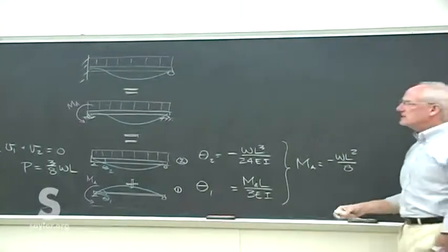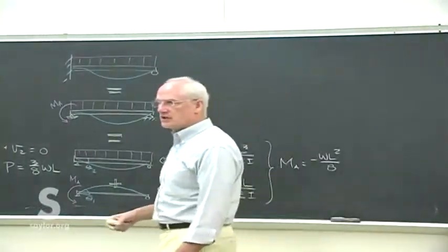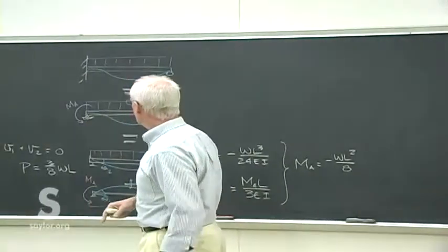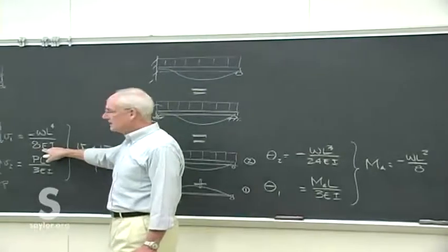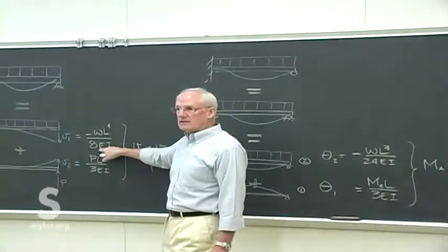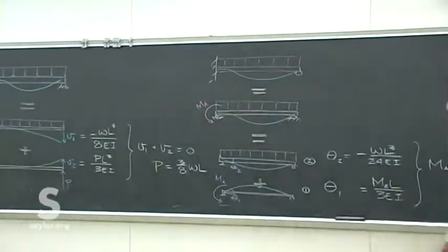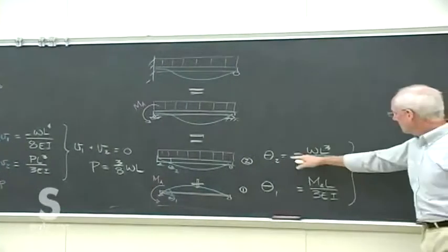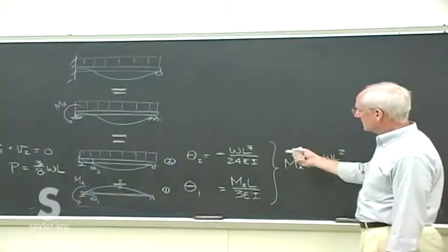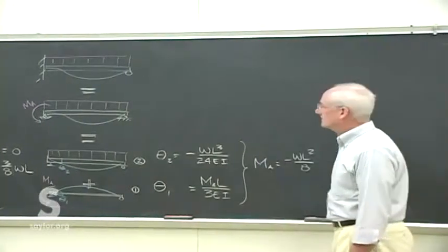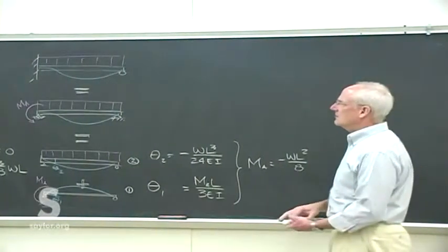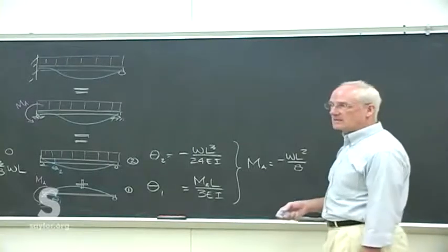Remember, every time we did this superposition thing to do statically indeterminate problems, the material itself didn't matter. It ended up canceling out. And that, again, is the case. When we put these two things together, theta 1 plus theta 2 equals 0. Solve for MA. Not only the material, but the cross-section of the beam cancels out.